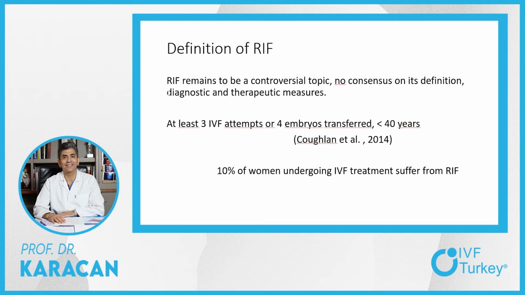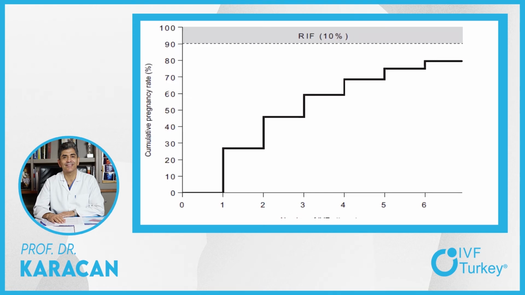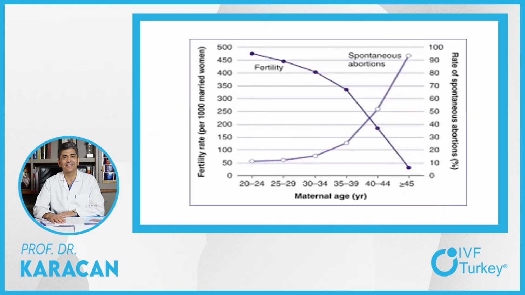Approximately 10% of women undergoing IVF treatment suffer from recurrent implantation failure. 10%. Let's look at this slide. After almost 6 attempts, only about 10% of them get classified as RIF. And as I mentioned, this is about age and fertility potential.